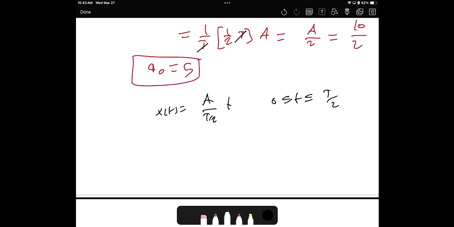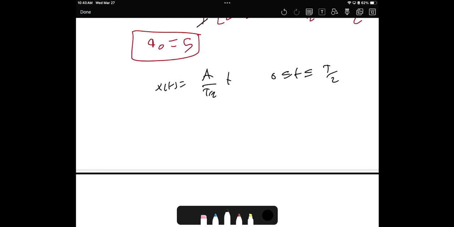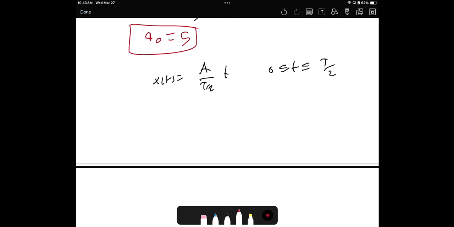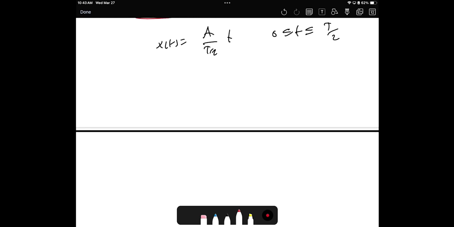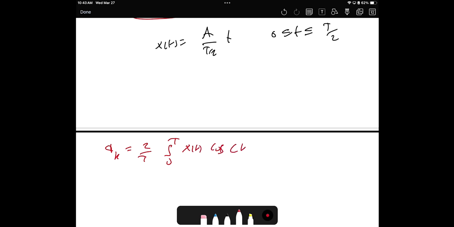Now, we need to calculate AK. How to calculate AK? Let's take the advantage of the even symmetry. So AK will be, it used to be 2 over T, integral from 0 to T of x of t cosine k omega naught t dt.